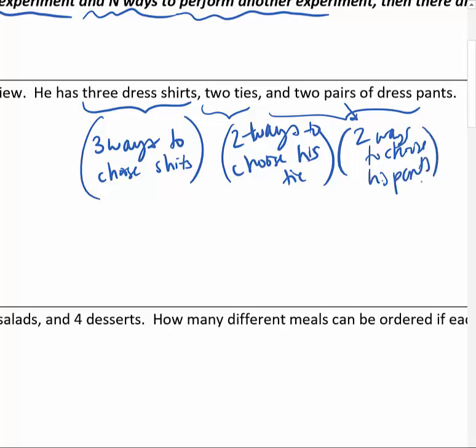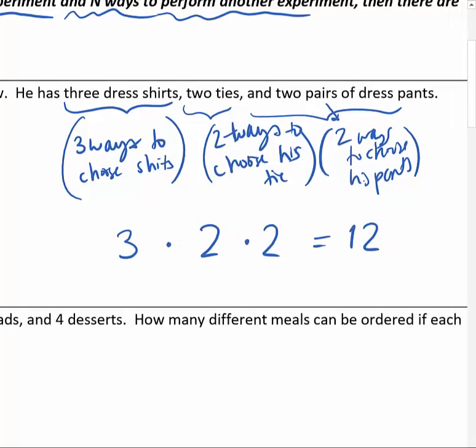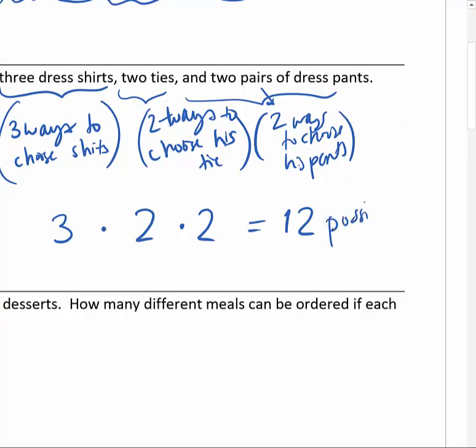So the multiplication rule tells us that we just take all those numbers and multiply them. 3 times 2 times 2 will give us 12. So there must be 12 possible outfits. And we're going to draw a tree diagram pretty soon that'll show why that is. I think we'll start to believe it.